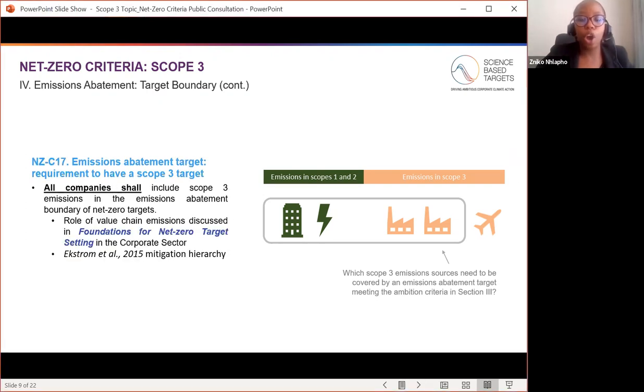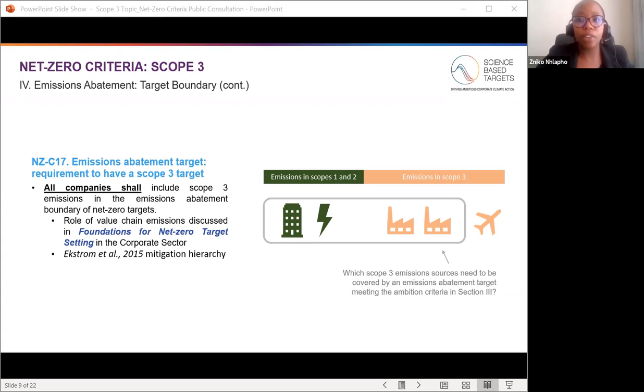So moving on to Criterion 17, which is around the requirement to have a Scope 3 target. This criterion requires all companies to include Scope 3 emissions in their emissions abatement boundary of net zero targets.